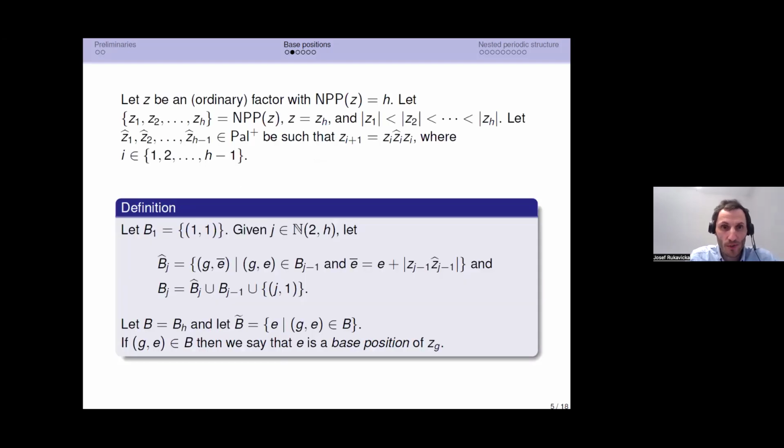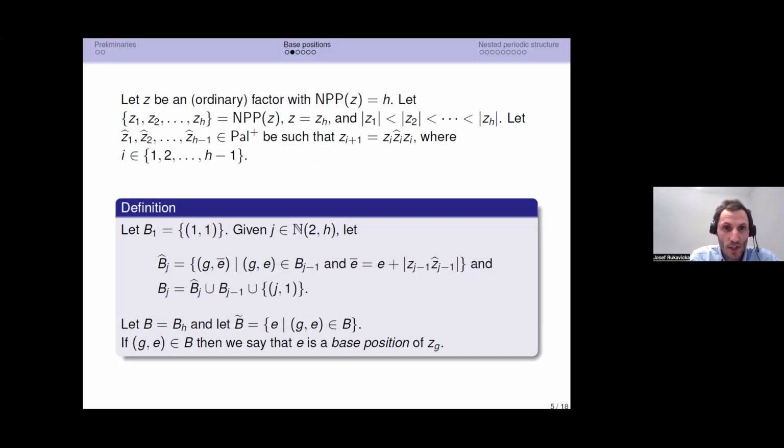If you look back on the definition, this is the set B with the tilde over. The set B is the set of pairs of integers. The second integer in every pair, in every couple, is the position.